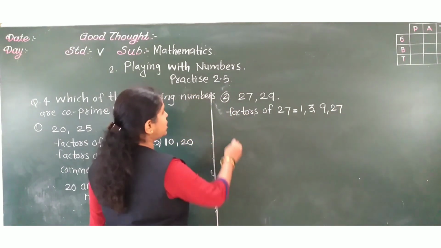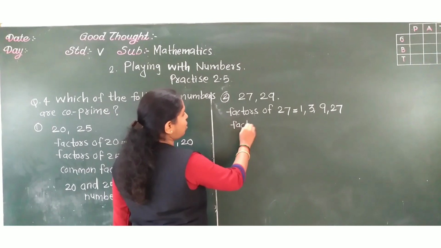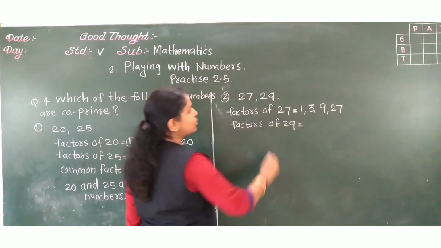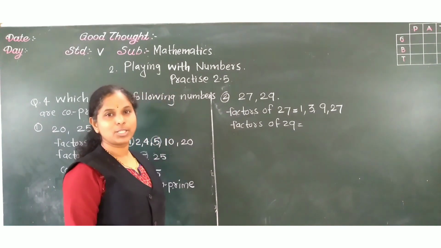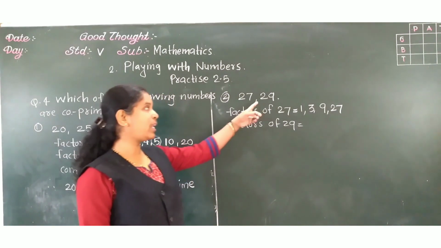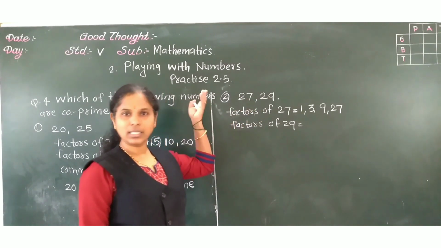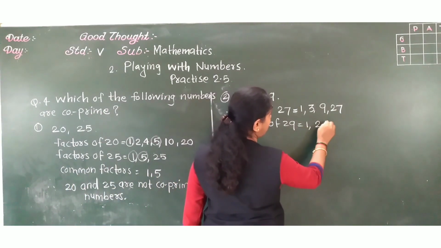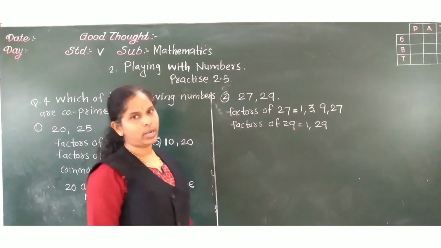Okay. Now next is factors of 29. Now we have learned prime numbers. Do you remember? So 29 is a prime number. It doesn't come in any other table. That means it is divisible by 1 and the number itself, 29.